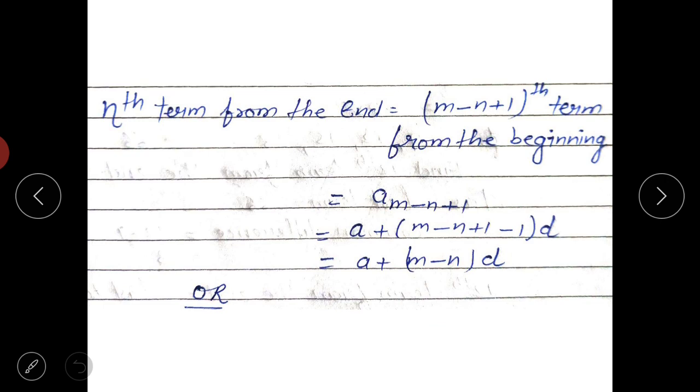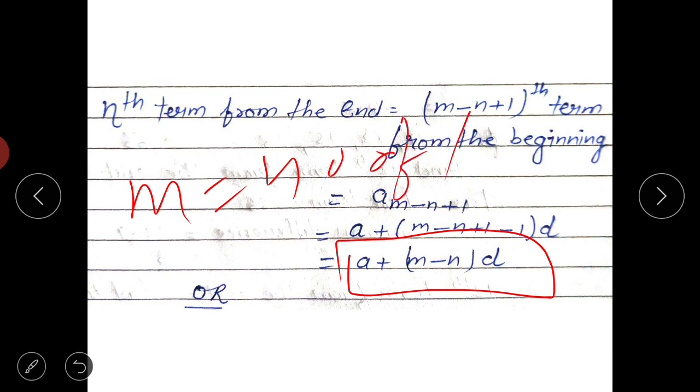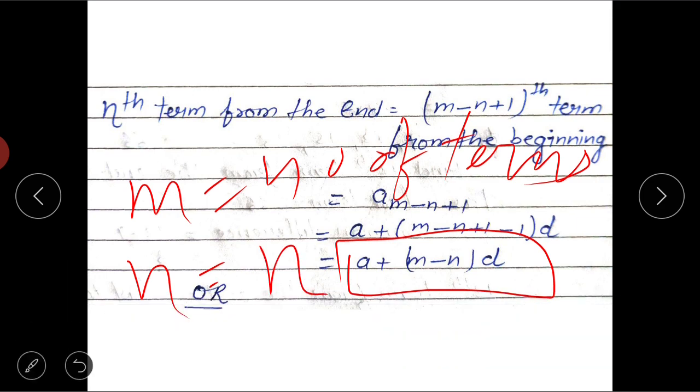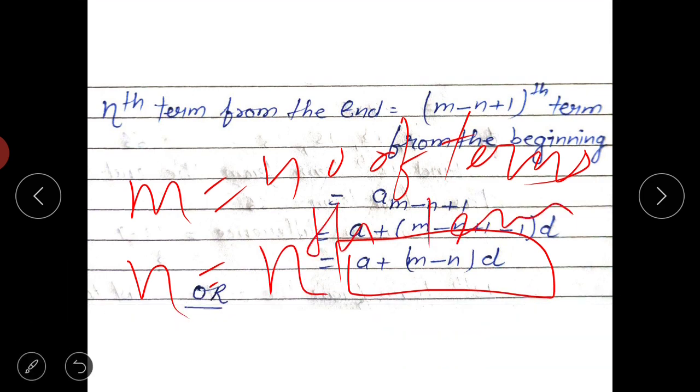It means we can write a plus m minus n plus 1 minus 1 into d, which gives a plus m minus n into d, where a is the first term, m is the number of terms, n is the nth term, and d is the common difference.